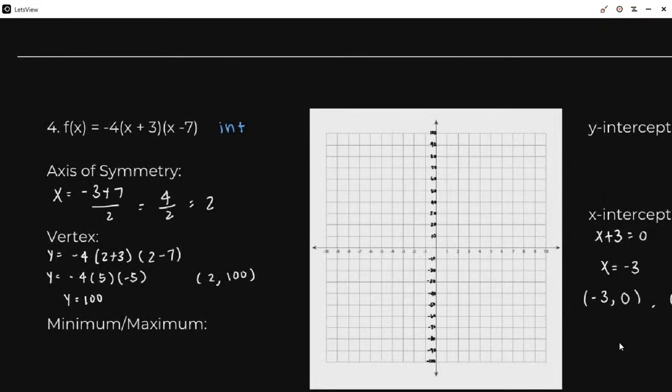Okay, so let's start graphing a few of these things. We have the vertex, which is at 2, 100, which is right here. And, sorry, that was really thin. Okay, here. And the axis of symmetry is at x equals 2, which is right here.